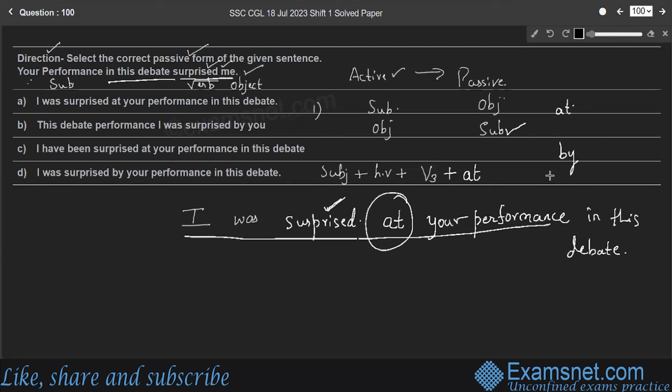Because of the verb surprised, right? In expressions like surprising, astonishing, shocking, I was shocked at, right? Or I was alarmed at its condition. So in such expressions, we have to use the preposition at. So I was surprised at your performance in this debate. Look at the options. Yes, option A is the right answer.